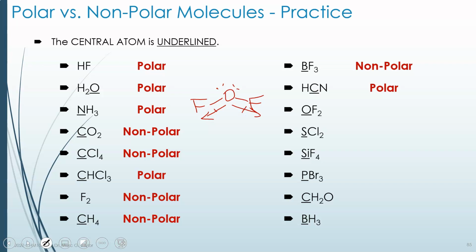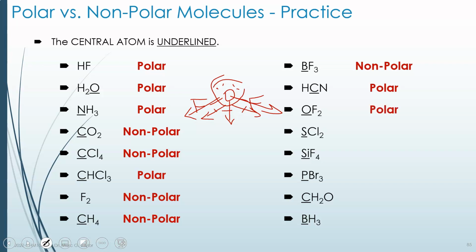You can imagine if there was one person standing in the middle and two people were pulling this way, the person would move in this general direction. That's how you can tell what the overall polarity would be. In this case, it is quite polar.